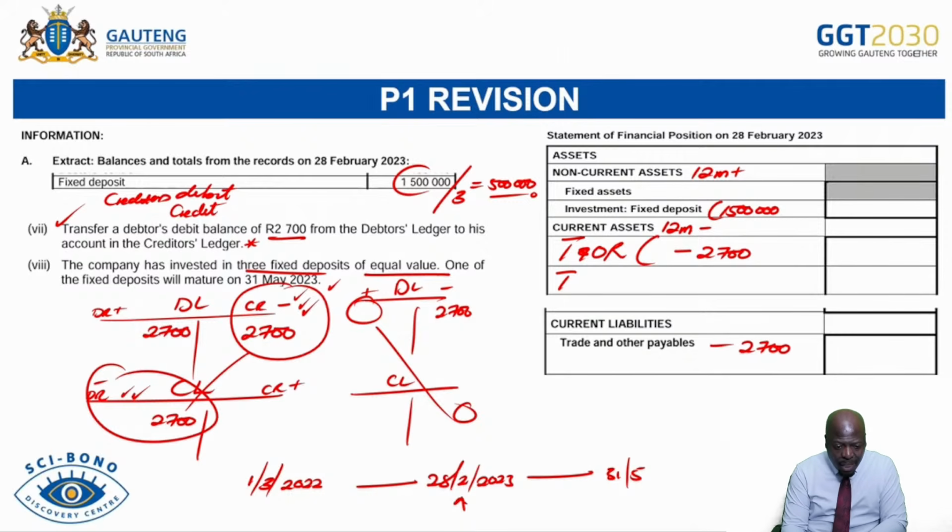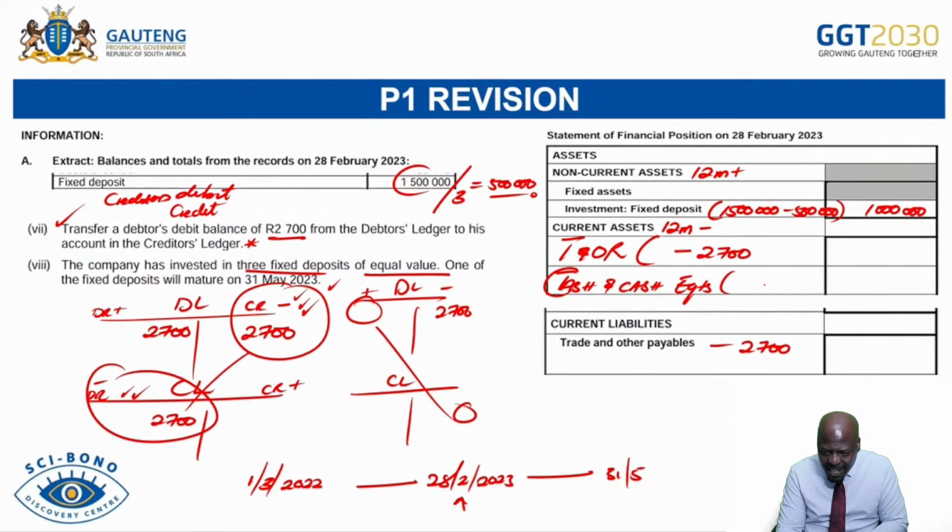So we are told a third of this is going to mature. You take that 500,000 and subtract it from here, so you are going to end up here with only 1 million. And then that 500,000 that is going to mature, you bring it now to what we call cash and cash equivalents.